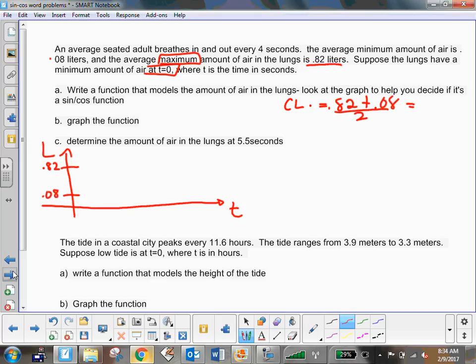Get your calculators out. 0.45. So I'm going to put a little 0.45 right here in the middle, and I'm going to dot it. And then we're going to go 1, 2, 3, 4.